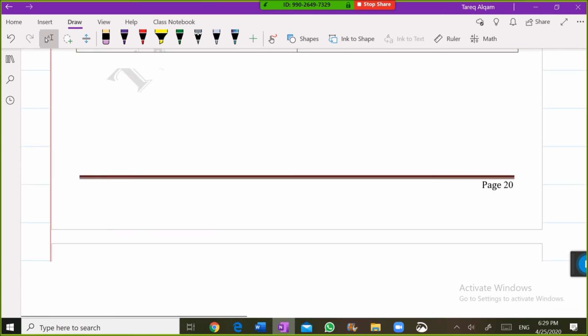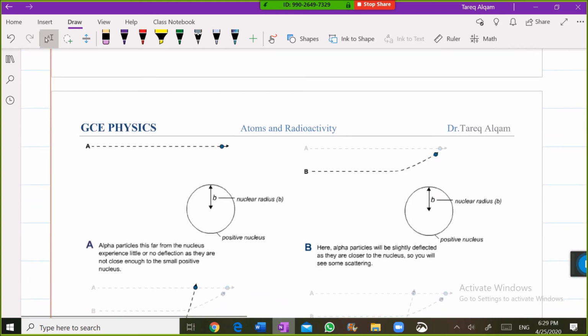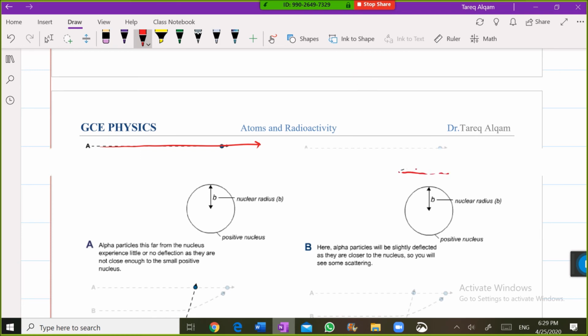If alpha particles, guys, are away from the nuclei, they went straight without any deflection. If they are very close to the nucleus, it will be deflected like this. Guys, this angle is called angle of deflection.